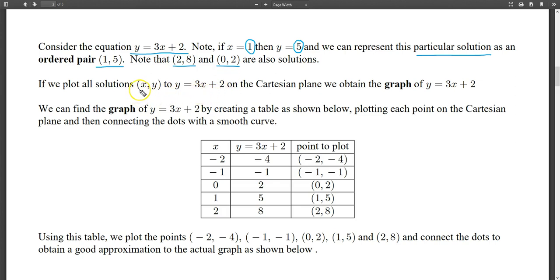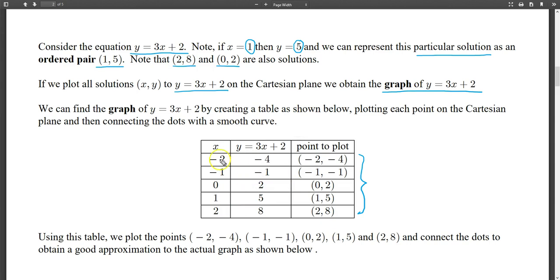Now if we plot all of these solutions, every possible solution to this equation on the Cartesian plane, we obtain what we call the graph of this equation. And we can find the graph by creating a table like we have down here, and then plotting each of these points on the Cartesian plane, and then connecting the dots with a smooth curve.